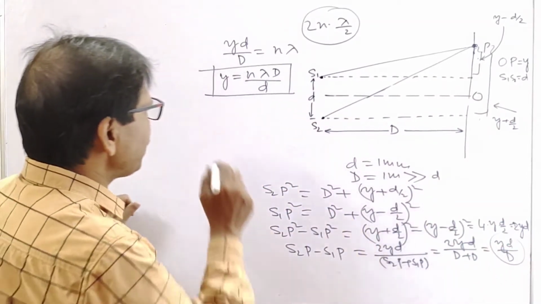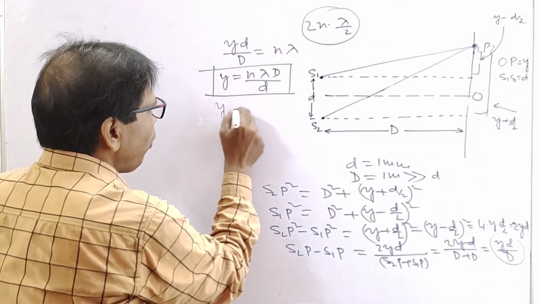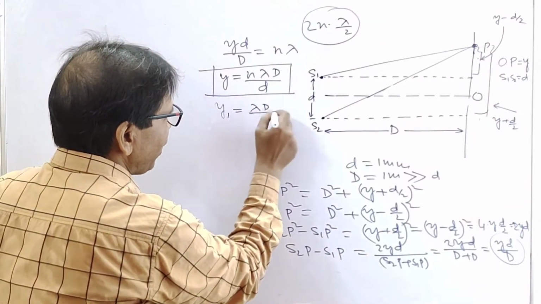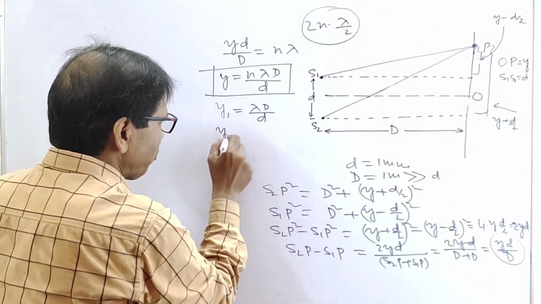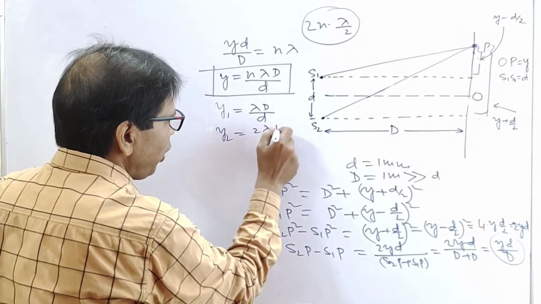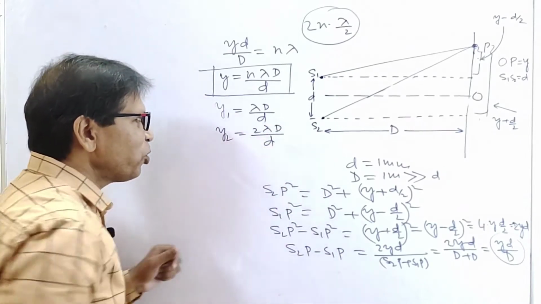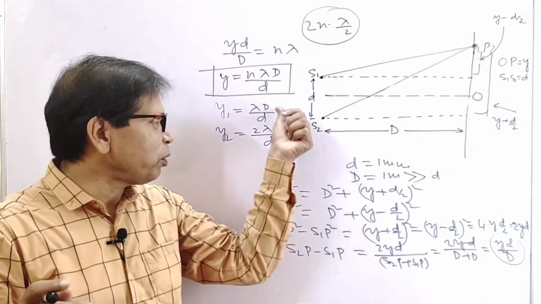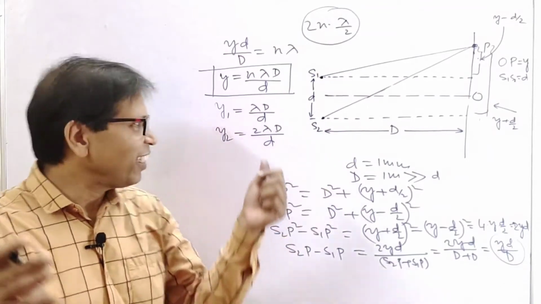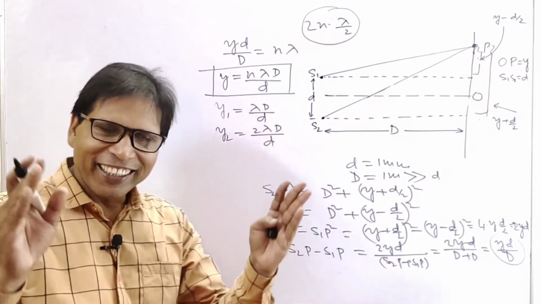Now look at this. For the first maximum, y1 equals lambda D by d. For the second maximum, y2 equals 2 lambda D by d. So the distance between two maxima is lambda D by small d.